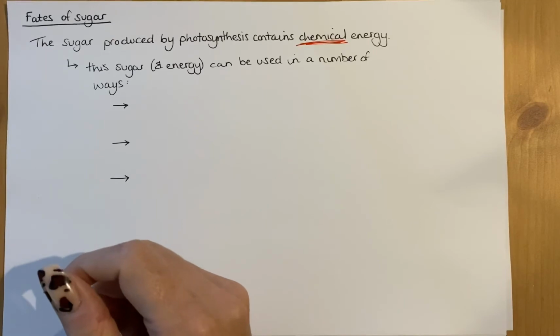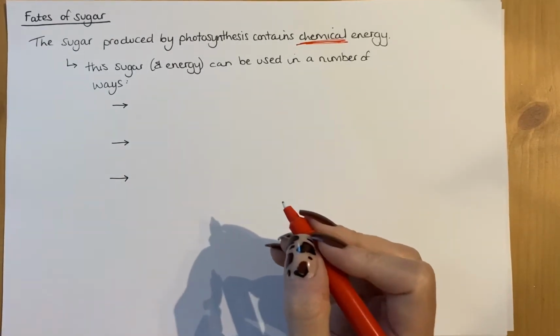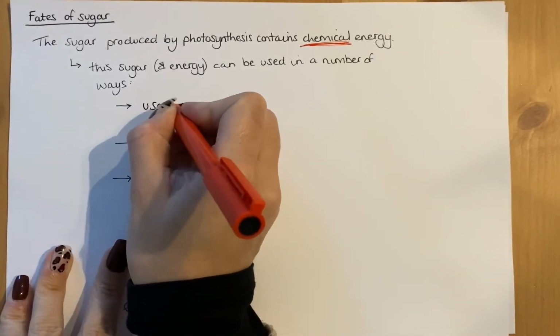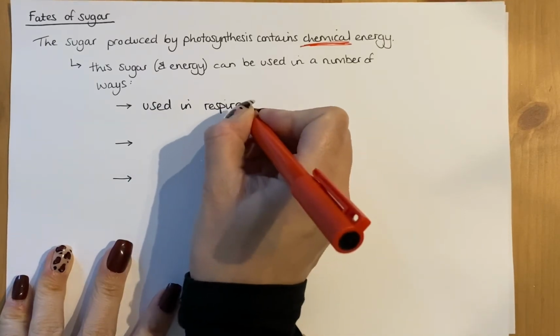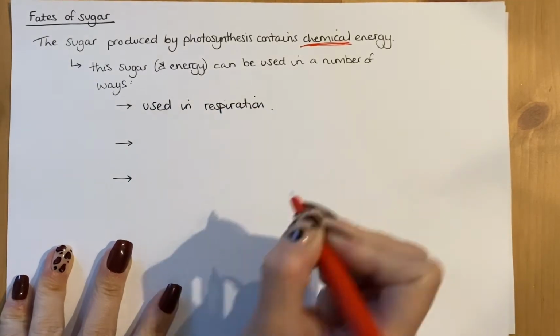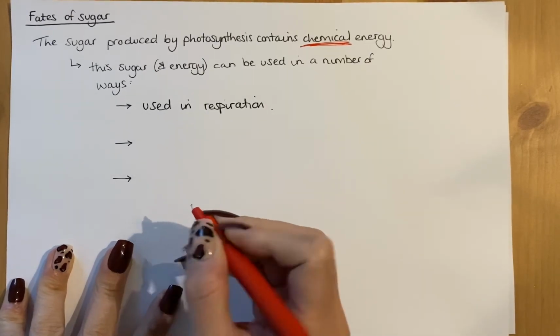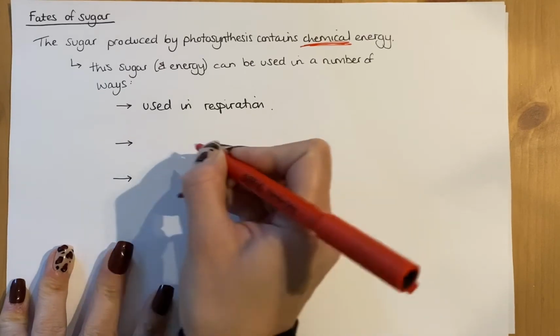Those 3 ways, and you probably already know this from what you know about sugar, particularly glucose, is it's used in respiration. Remember plants respire too. What it's also used for is it's stored and used as another form.